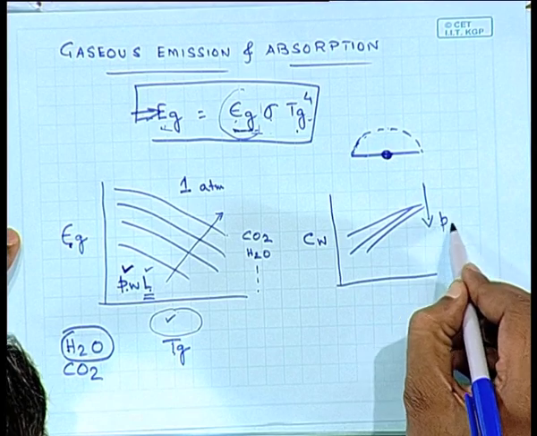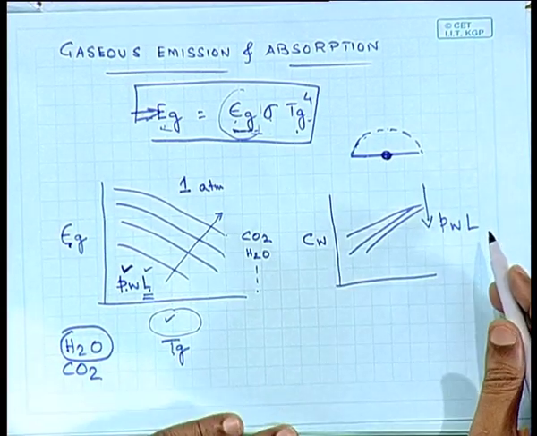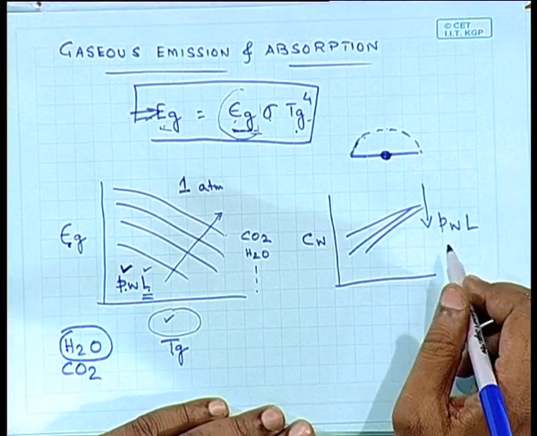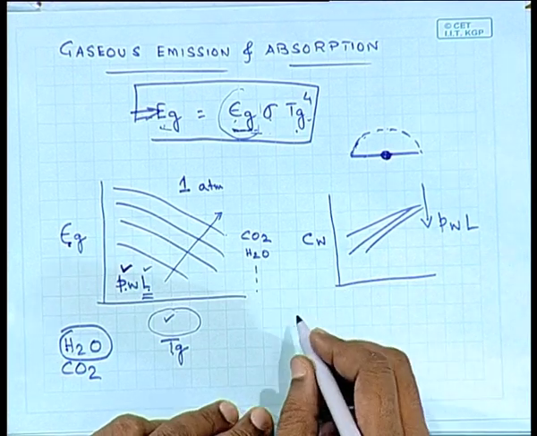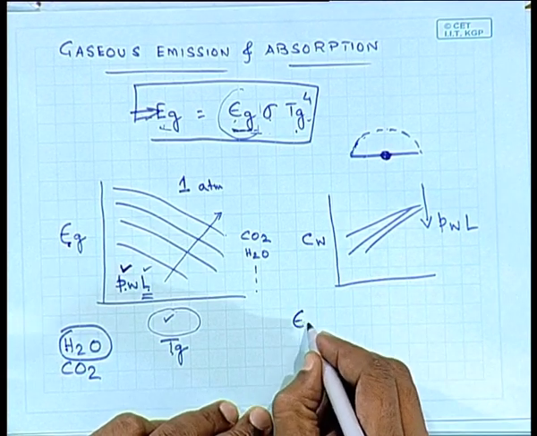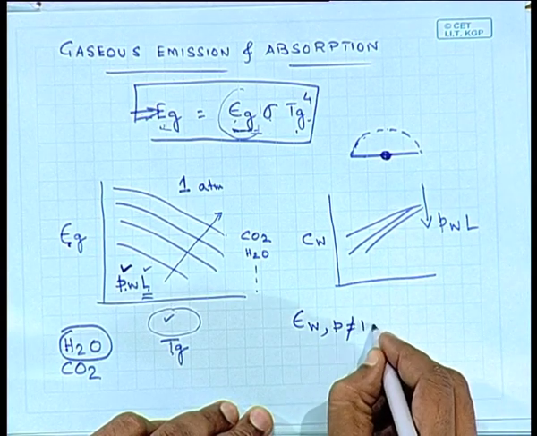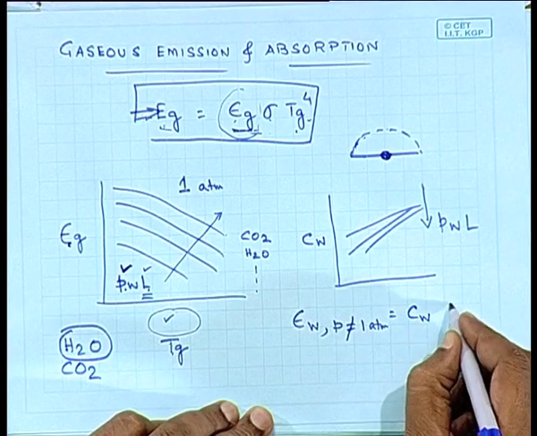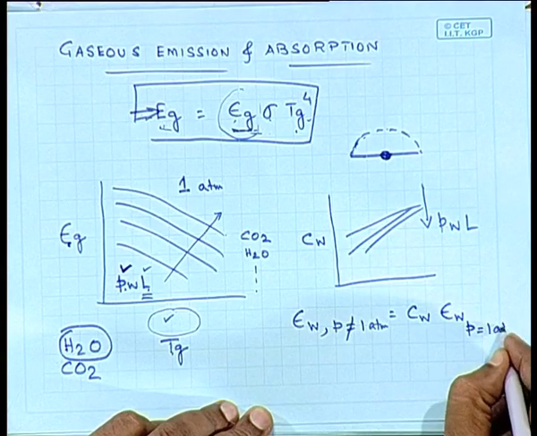I am just drawing it like this, you can see it in your text: depending on the pressure that you have, you are going to have a correction factor, where the epsilon of water, let us say at P not equal to 1 atmosphere, is given by a correction factor times epsilon W at P equals 1 atmosphere.